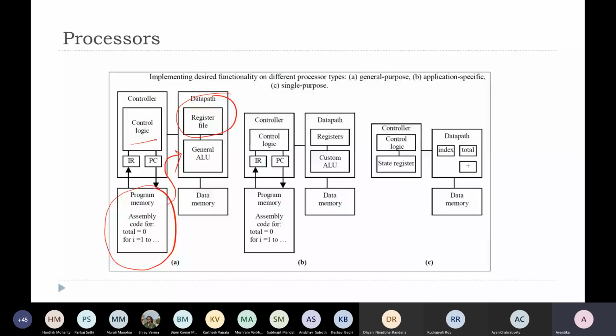But in the case of application specific processors, you know that all the instructions are not present. It is not that any specification you take, you can map to an application specific processor. And that idea will come from your modeling technique. Your modeling technique will give you the idea of what type of instructions are required for better implementation of your model.